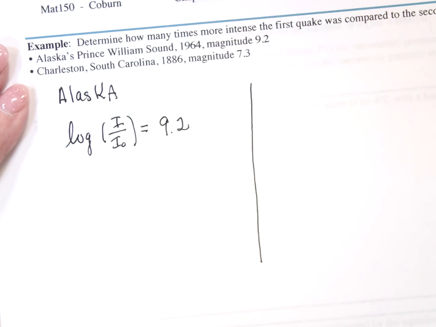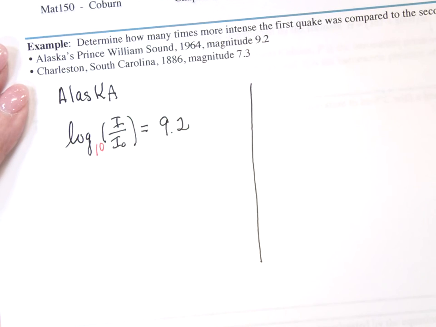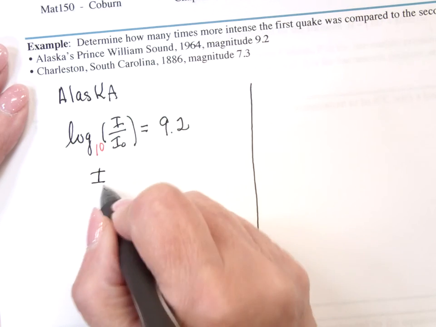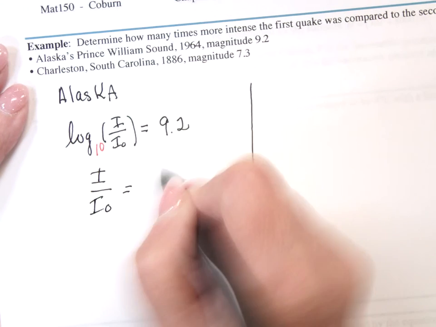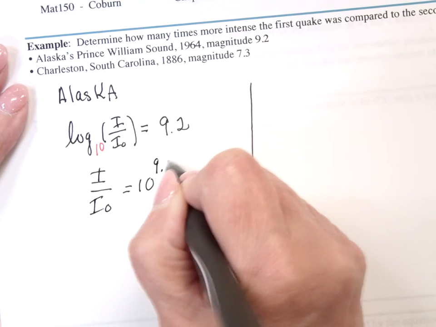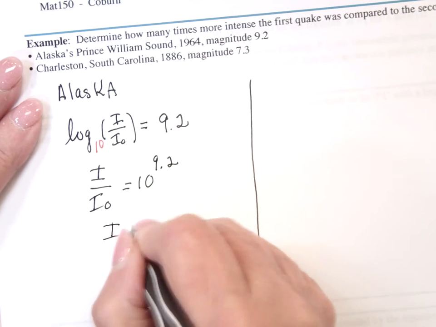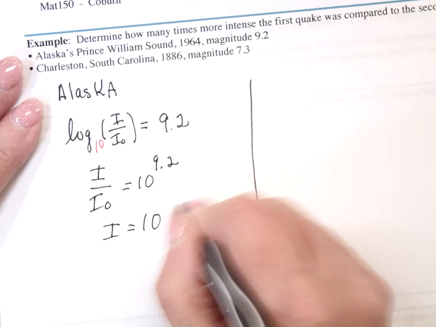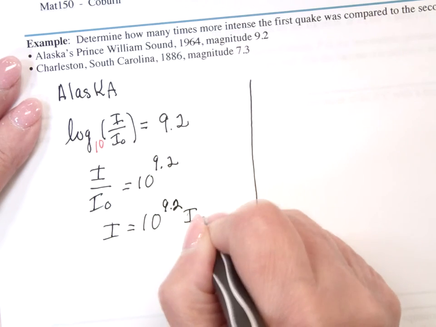And again, we know the drill, right? This is base 10. So that I divided by I0 is 10 to the 9.2. Or the intensity is 10 to the 9.2 I sub 0.